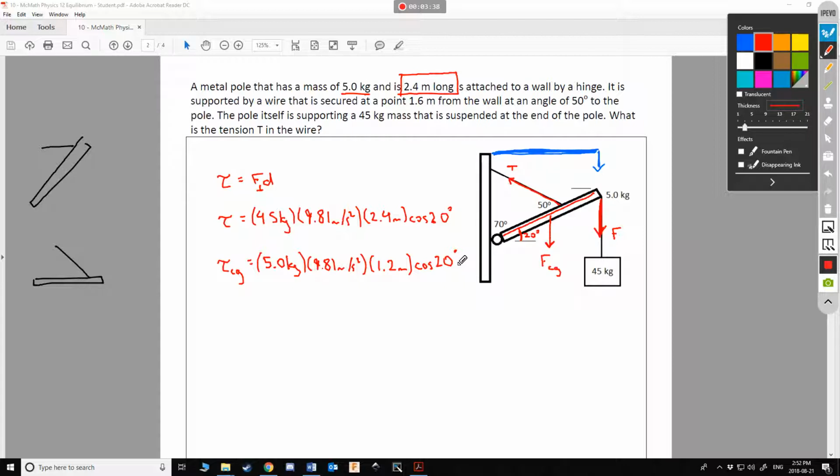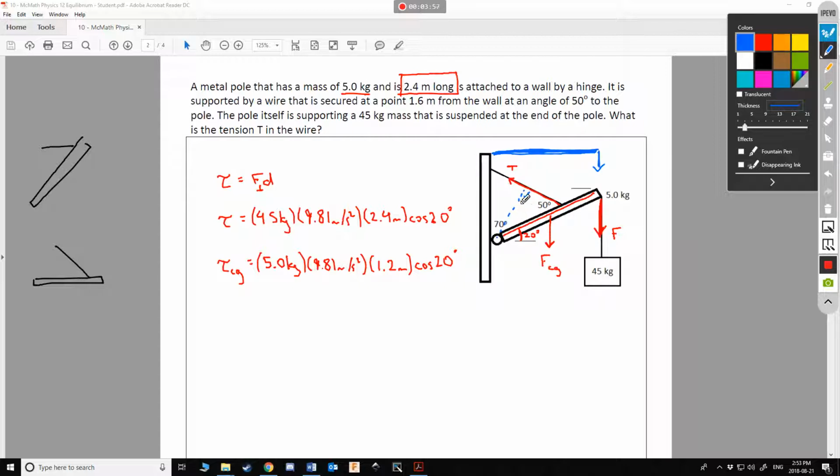This next one is tricky. So we have to kind of orient or rotate our mind. We have this tension T up at an angle, so we're going to form a right angle triangle with the pivot. I'm going to draw it like so.